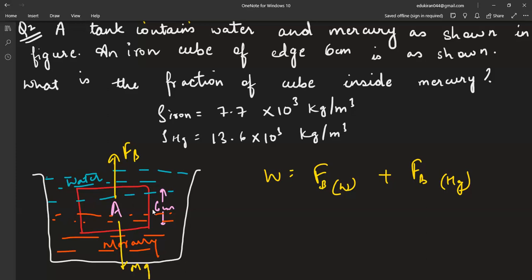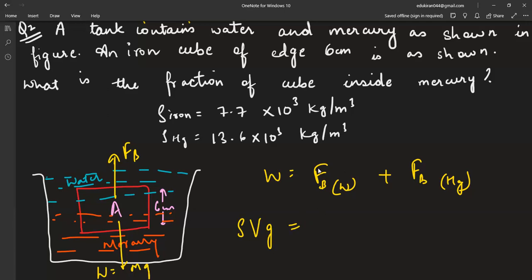Now you apply. How do we write the weight? Mass into gravity. This is weight. How can we write the mass? Density of the body, volume of the body into g. Mass into g, mg. We have been doing this by now, you should be familiar with.